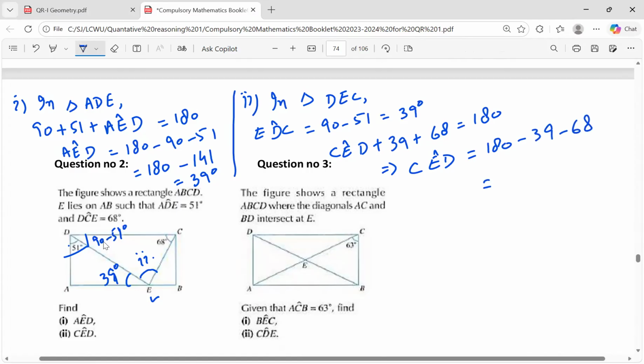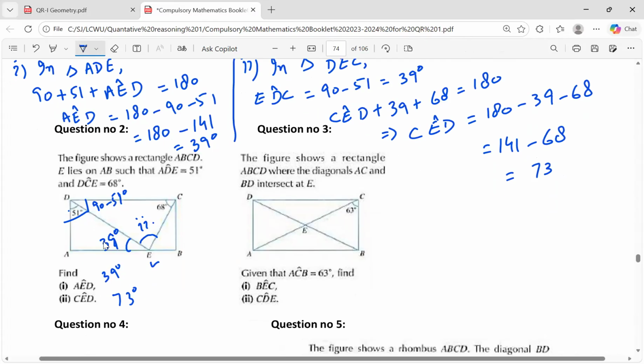So this will be 141 minus 68, which is 73. So this angle is 73 degrees and the first one was 39 degrees. Okay, I hope that this is clear to you.